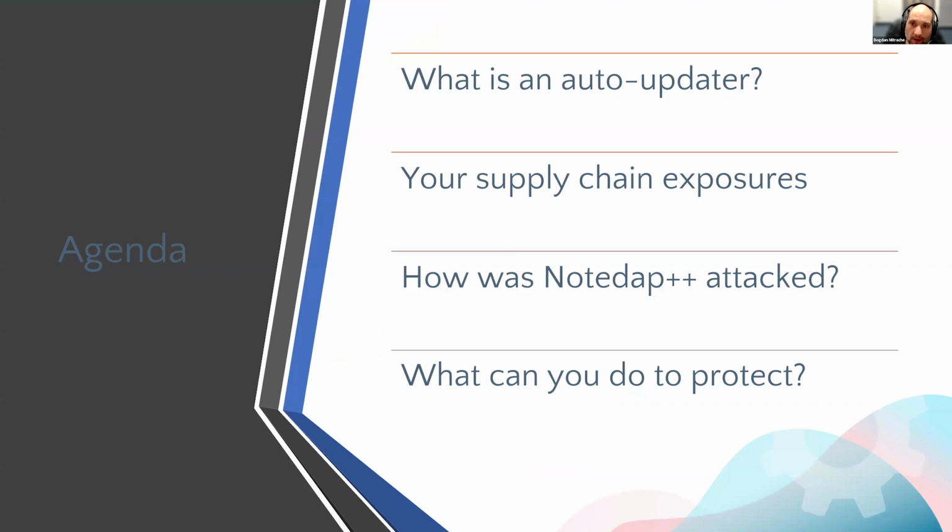So today we're going to be talking a little bit about what an auto updater is, for folks that haven't configured one, or are just starting to build the first version of their application. We'll talk about your potential supply chain exposures when building and deploying updates for your application, in particular how Notepad++ was attacked, and what you can do to protect yourself, mostly from our perspective as a tool in your chain.